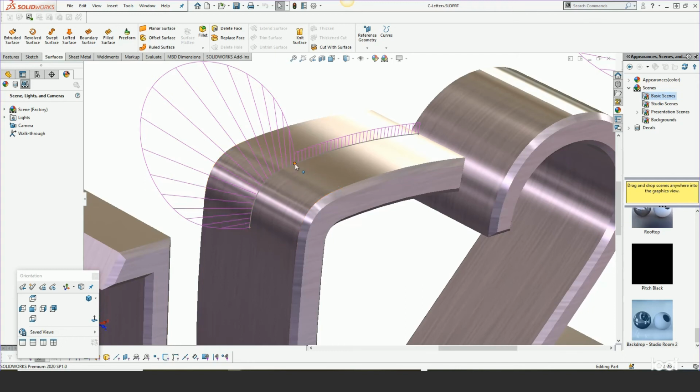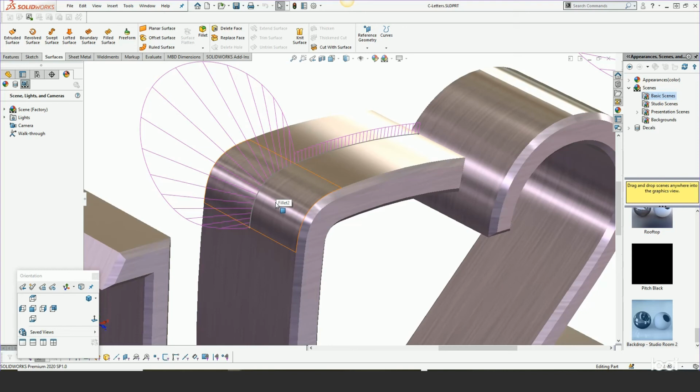There's a lot of confusion about C2 because people turn on their curvature combs, see this, and assume it does not look very curvature continuous. But in fact, it is curvature continuous because where the intersection is between these two surfaces, the curvature is equal. So we call that curvature continuous or curvature equal.